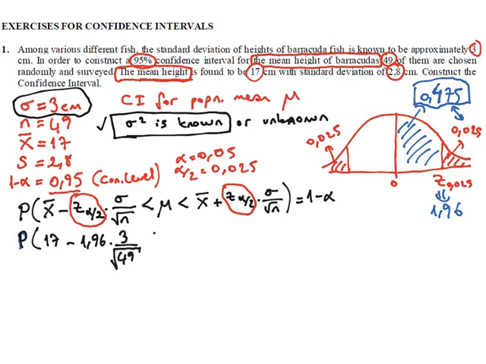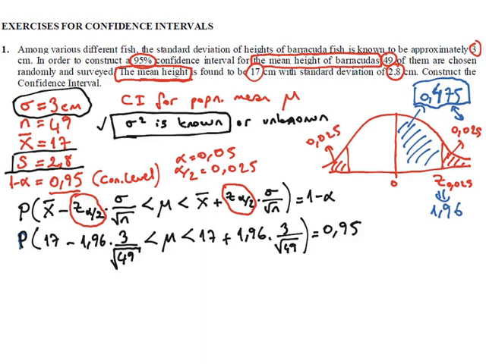So mu is less than 17 plus 1.96 times 3 over square root of 49. Why didn't I use the standard deviation of the sample? Because I already have sigma, so I don't need to use it.